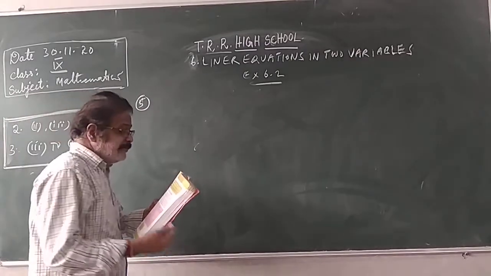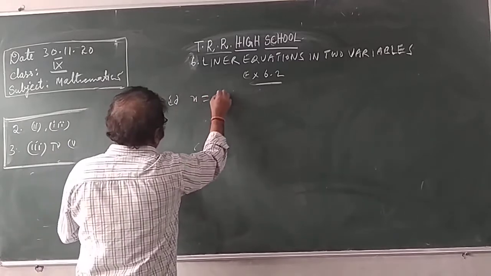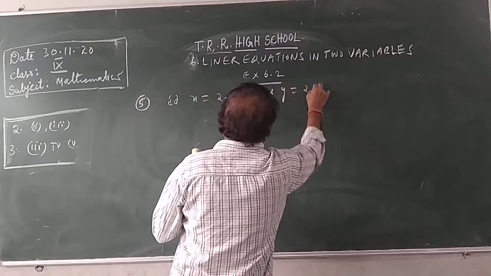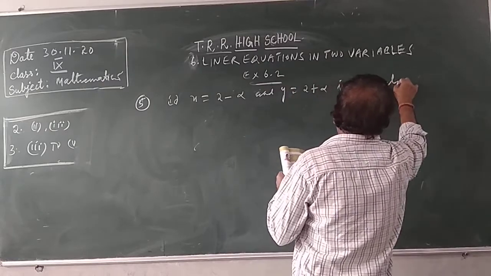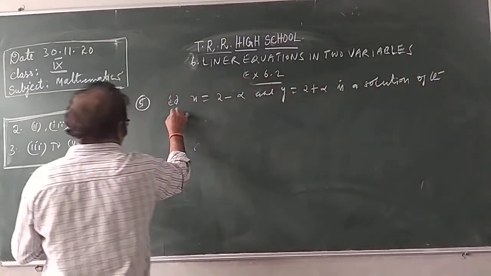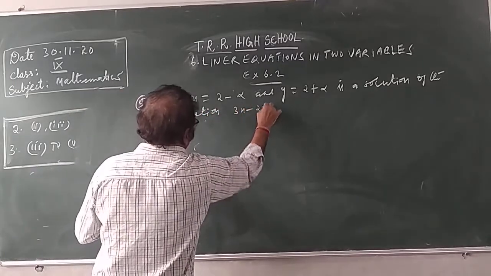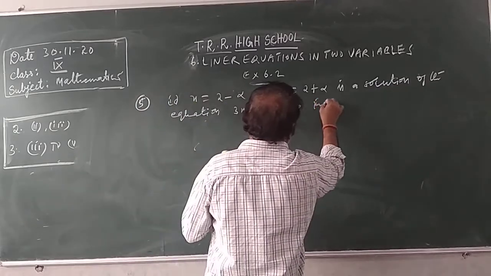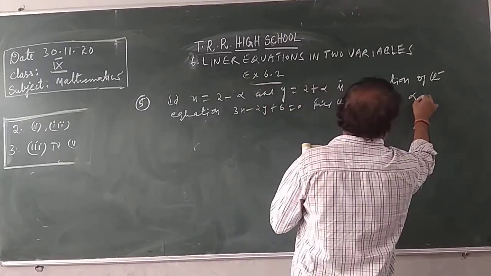Fifth problem, children. If x is equal to 2 minus alpha and y is equal to 2 plus alpha is a solution of the equation 3x minus 2y plus 6 is equal to 0, find the value of alpha.